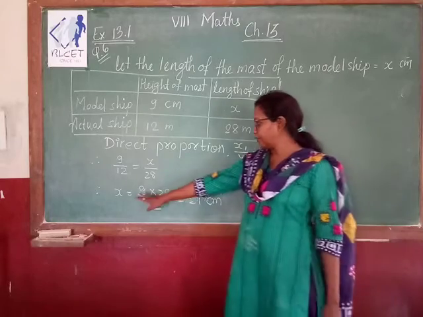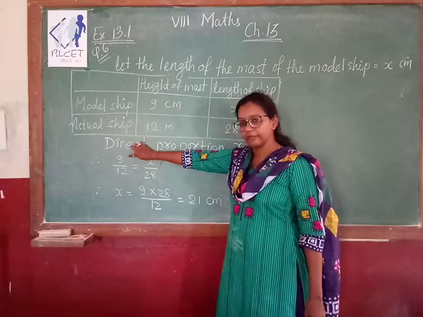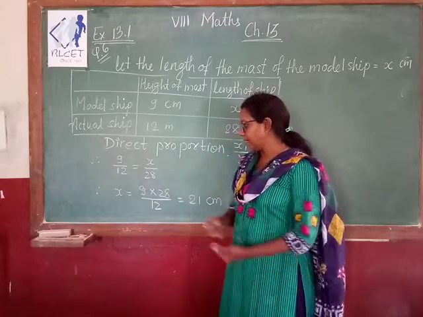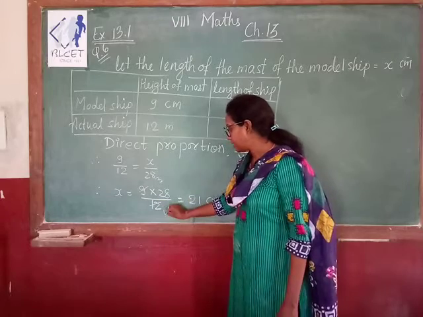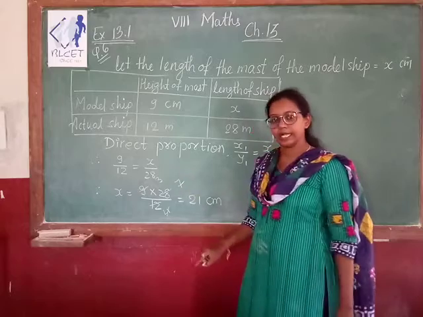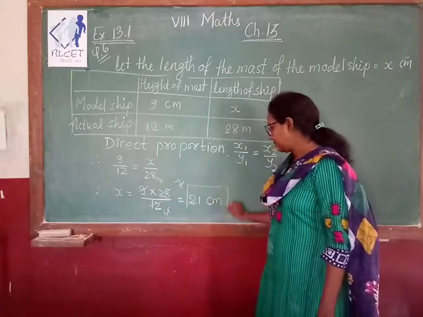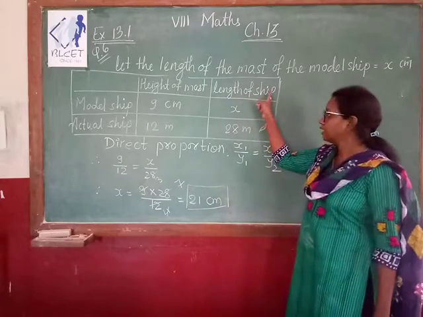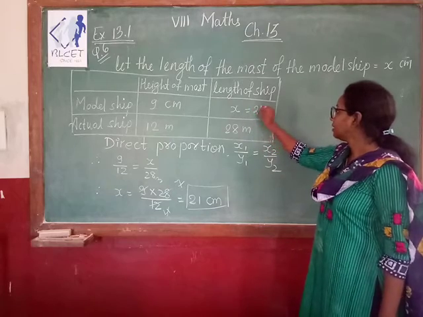Now we want to find the value of x, so x remains as it is, and this 28 will multiply with 9 divided by 12. So we do the cancellation: 3 3s are 9, 4 3s are 12, and 4 7s are 28. So what is the answer? 7 into 3, that is 21 centimeters. So this is the length of the model ship, 21 centimeters.